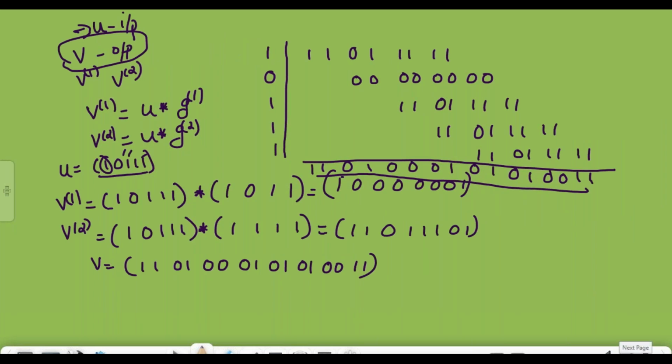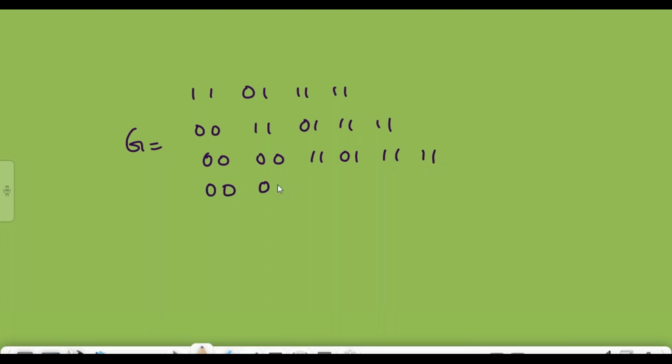For this we can write the generator matrix as G is equal to 1 1 0 1 1 1 1 1, then here 0 0 1 1 0 1 1 1 1 1 0 0 0 0 1 1 0 1 1 1 1 1. 5 rows and 16 columns. 0 0 0 0 1 1 0 1 1 1 1 1 0 0 0 0 0 0 1 1 0 1 1 1 1 1.